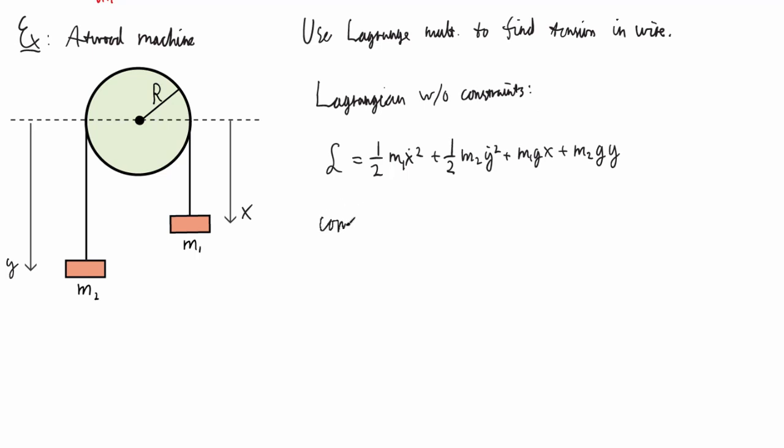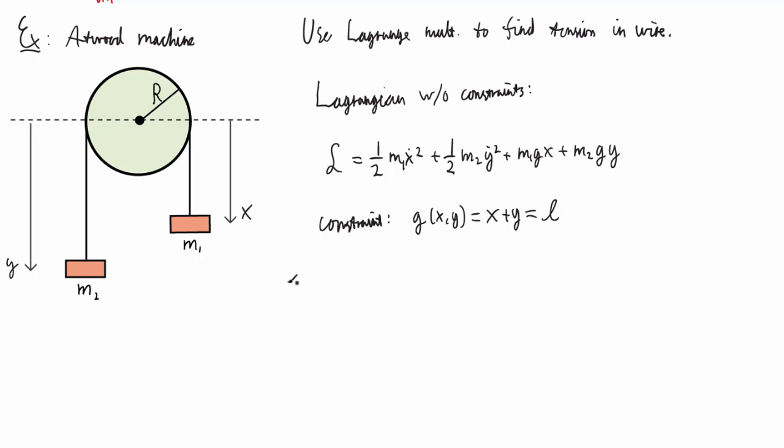And then we have to separately introduce the constraint, which is just that x plus y have to be a constant, right? So we take this length plus that length, that's always going to be the same. And that constant I'm calling L in this case.